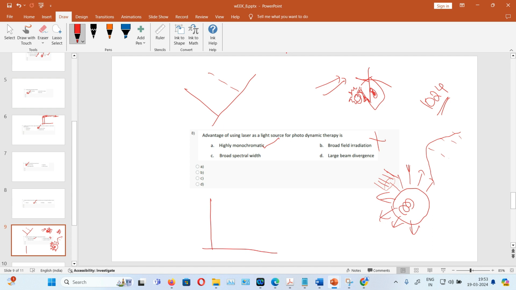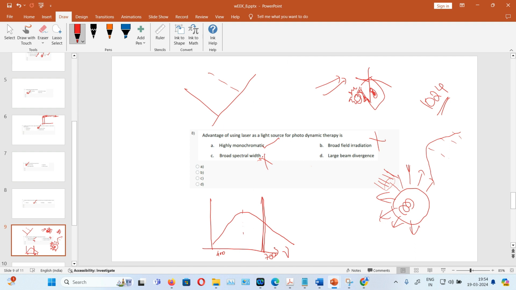An incandescent lamp will have a broad spectral width, around 400 to 700 nanometer wavelength, but a laser will have a narrow spectral width, making it more monochromatic. More monochromatic means a narrow spectral width. So this is also not a property of a laser, but a property of the incandescent lamp.